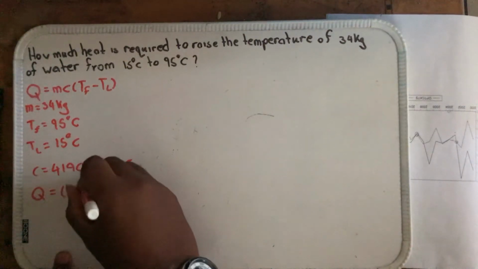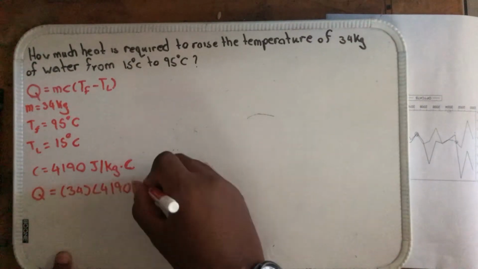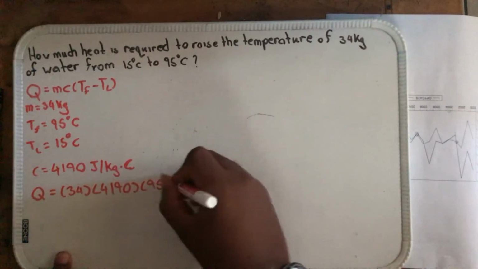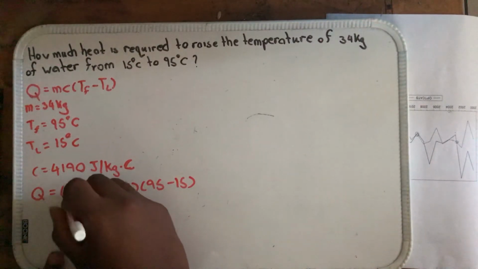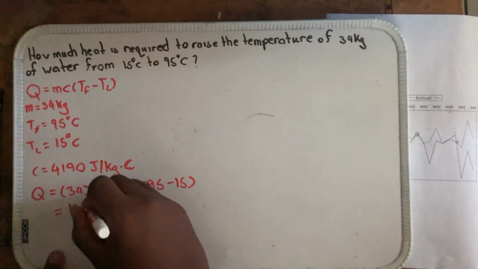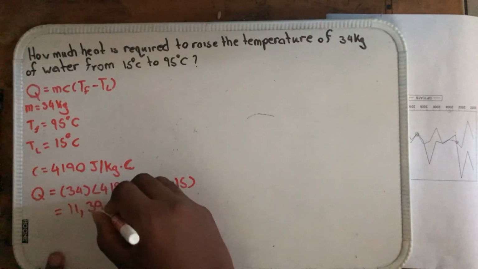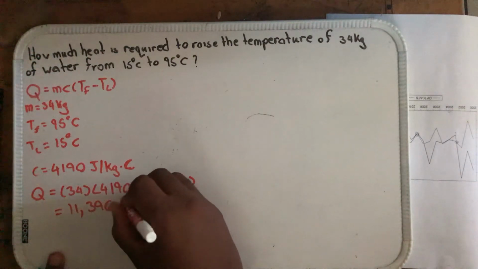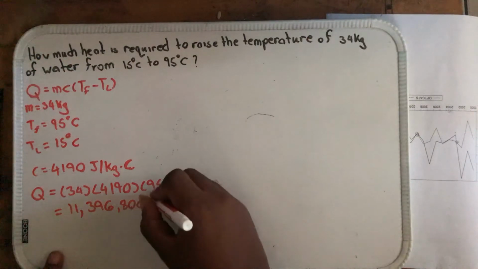So this is 34 times 4,190 times this temperature difference. And the number that this gives me is a whopping 11,396,800 joules.